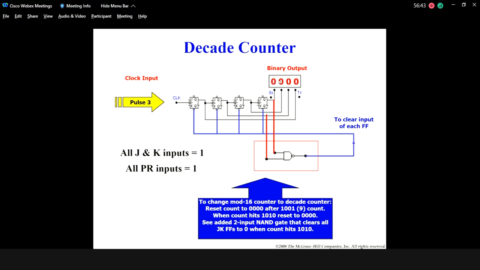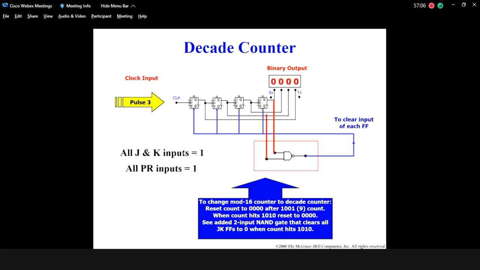So when this binary becomes 0000 and 0 goes again to the NAND gate, the NAND gate will give output high. High goes again to the clear pin, and then the JK flip-flop will be set in toggle mode again.